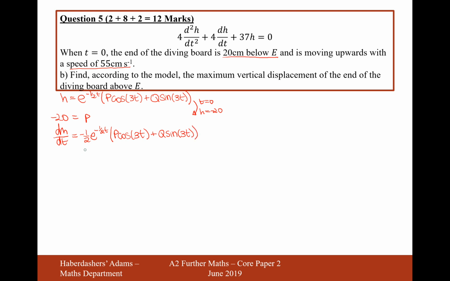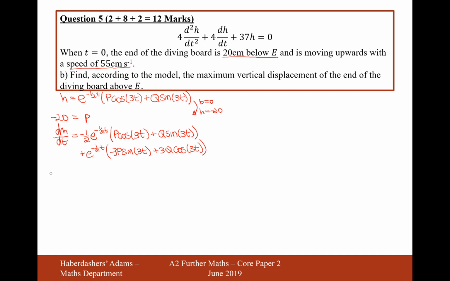Then using the second part of the product rule, plus e to the minus half t, brackets, minus 3p sine 3t plus 3q cos 3t.